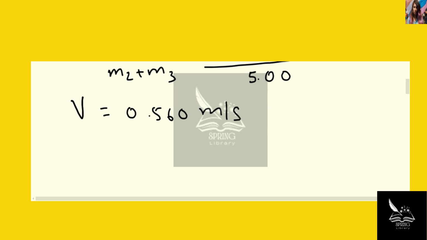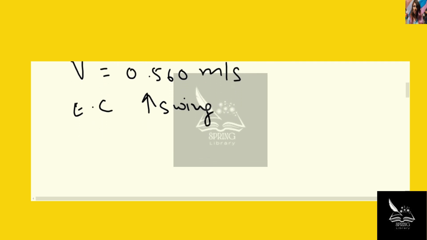Now, there is energy conservation during the upward swing. So that is equal to capital M g h1 equal to half M capital V squared.